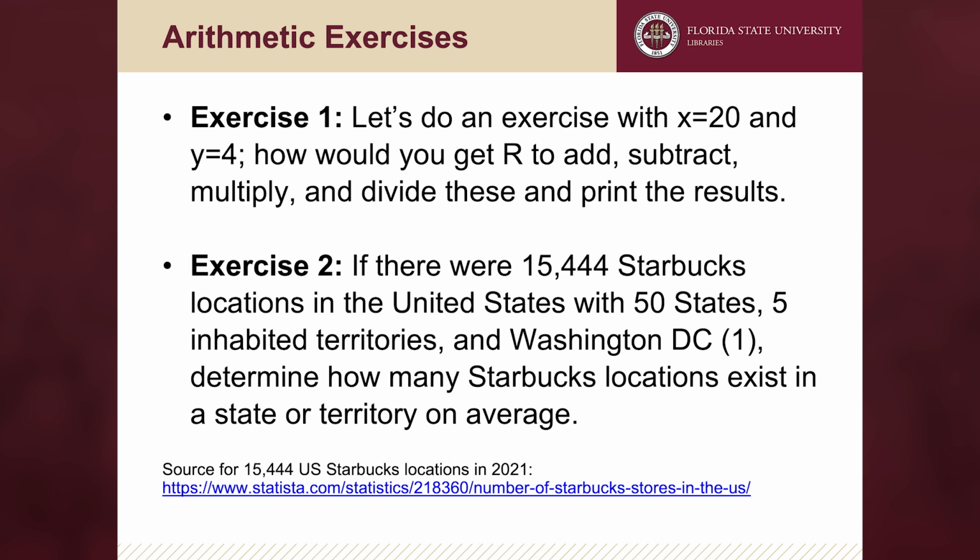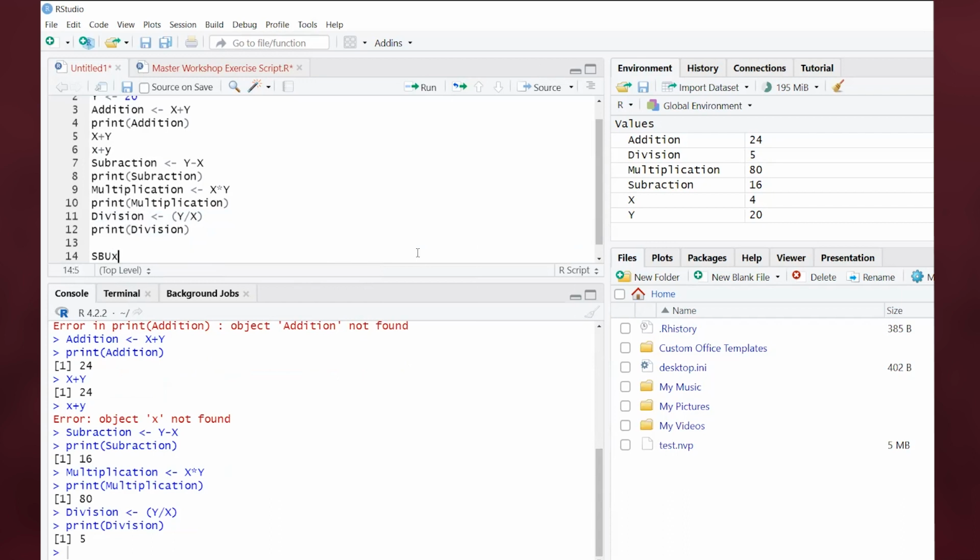Okay, we have a practical problem where we don't have a data set necessarily. Let's say we have S-bucks stores. And we know that there's 15,444 of these. And we know that there's 50 states, 5 territories and Washington, D.C., so that's 56.